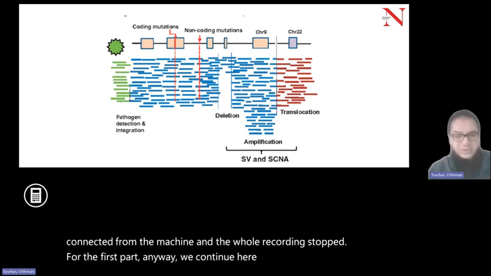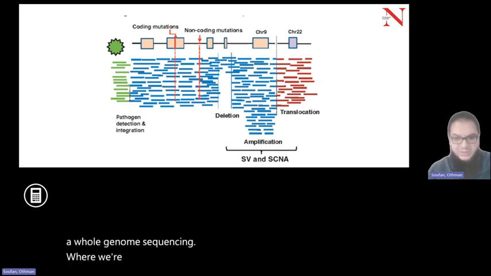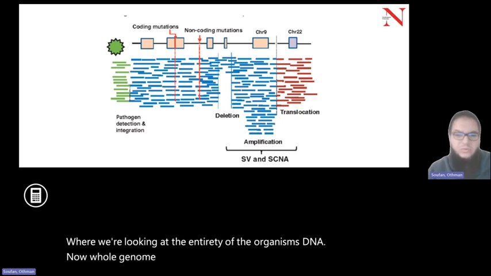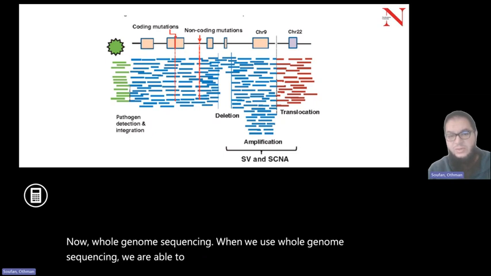So we were discussing whole genome sequencing, where we're looking at the entirety of the organism's DNA. When we use whole genome sequencing, we are able to construct, again, the genome.